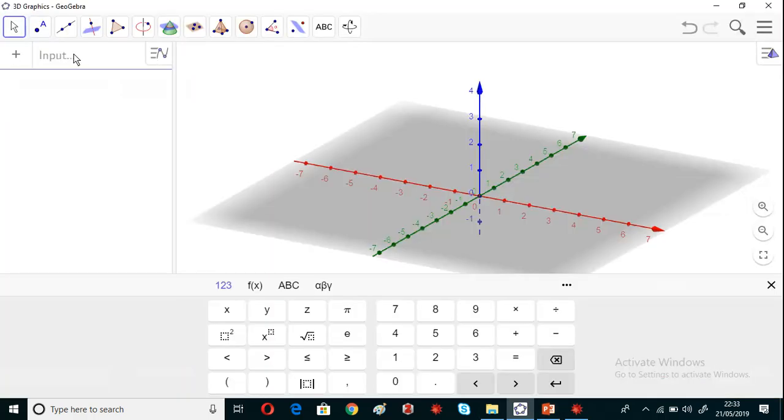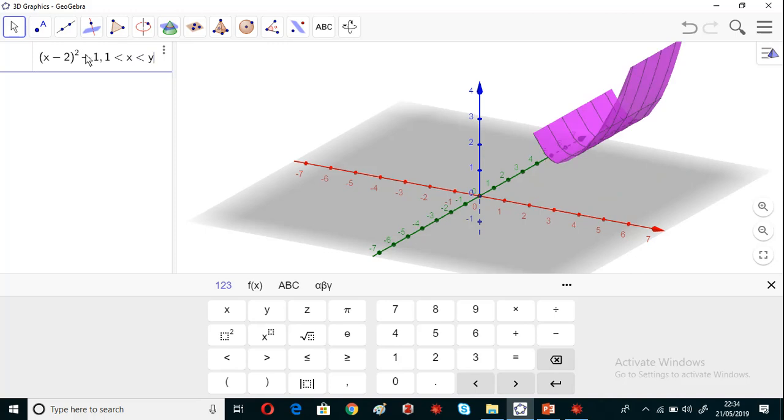For that, first of all, by taking (x minus 2) whole square plus 1, where 1 is smaller than x is smaller than 4, you can see the curve here.